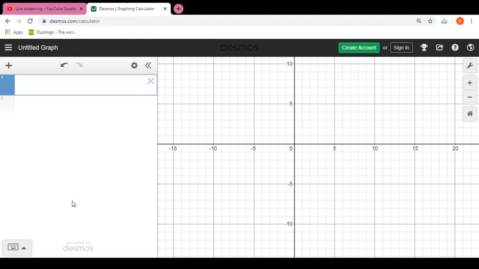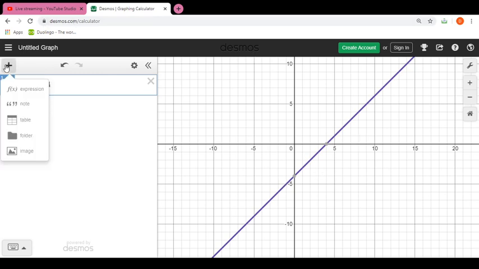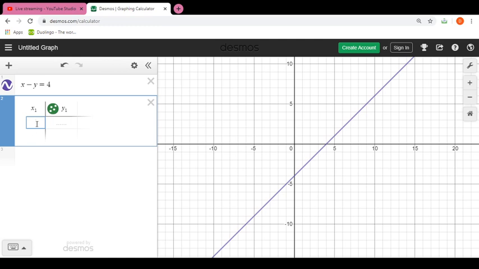For the first equation, my first equation is x minus y equal to 4. So this is the graph I have obtained. Let me check the points that I have found. I will write down the table and then we will locate the points on this line.